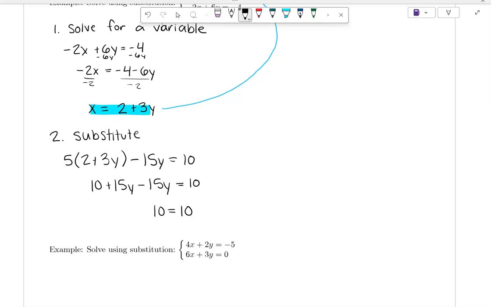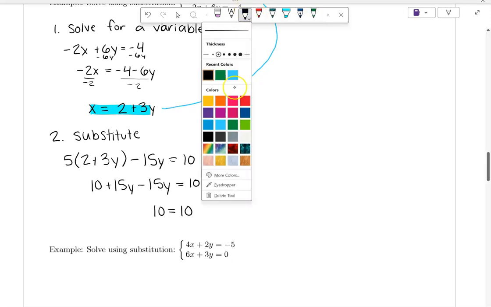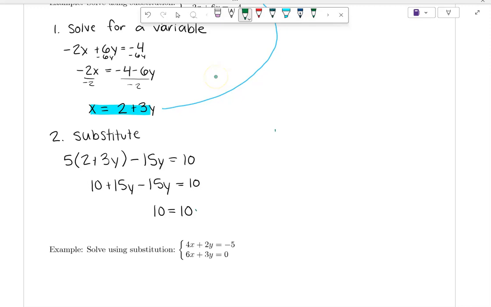All right, now we're in a little bit of a weird situation because we didn't solve for y, and that was the goal, right? But we do know that 10 is equal to 10. That is true, right?